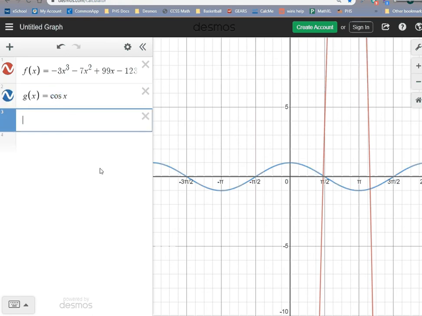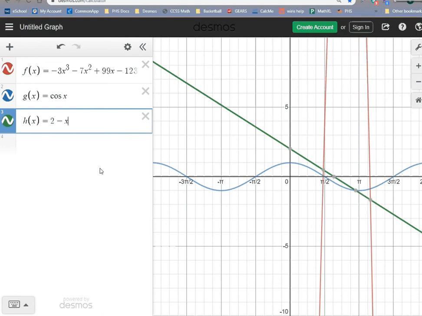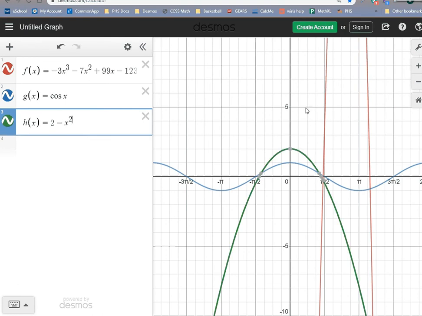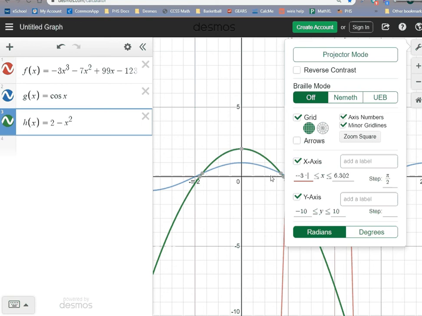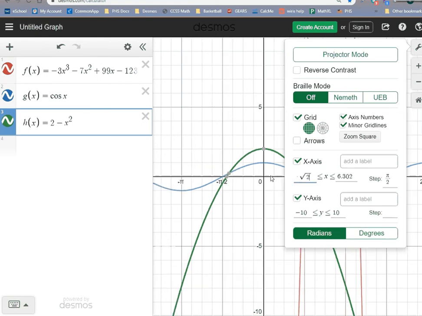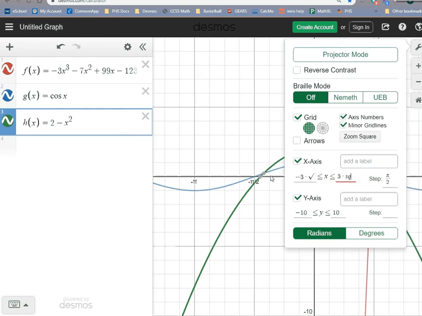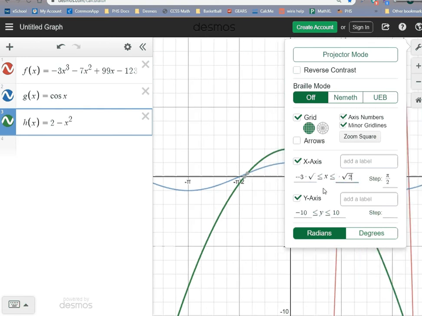So if I do h of x equals 2 minus x squared, and I go in here and write my steps from -3 times square root of 2 to 3 times square root of 2. This might work, we'll see.